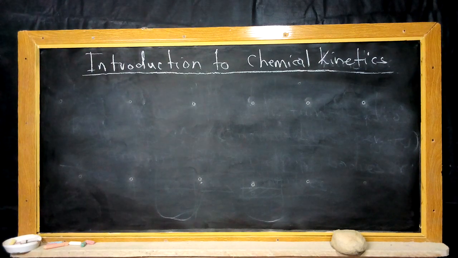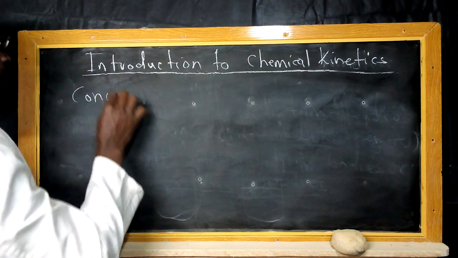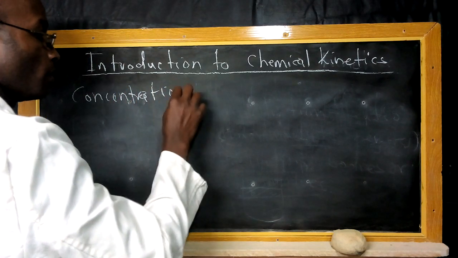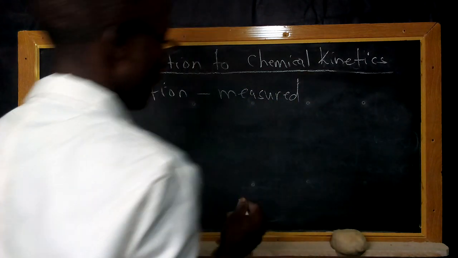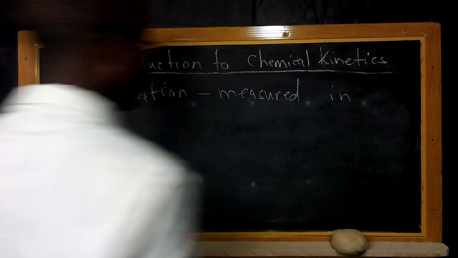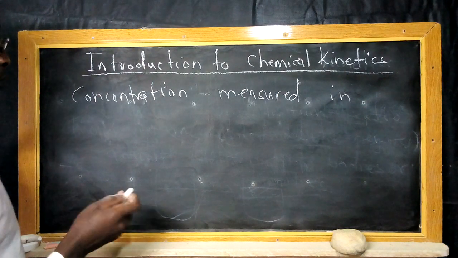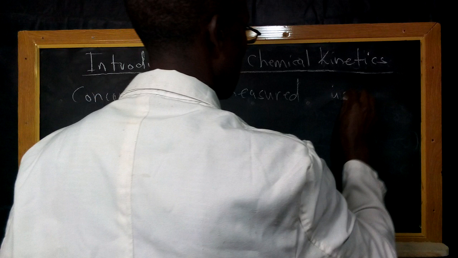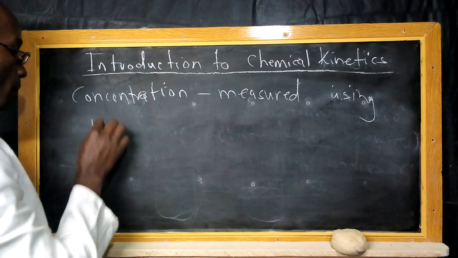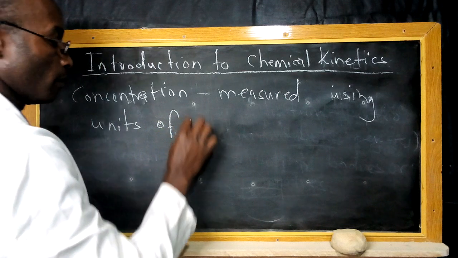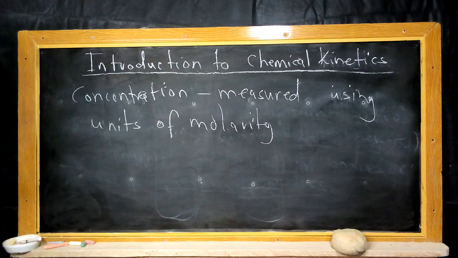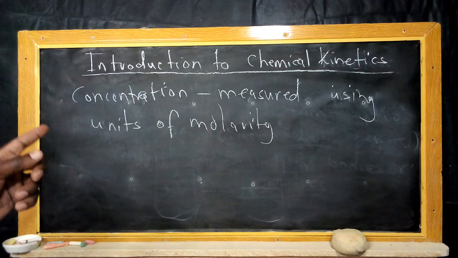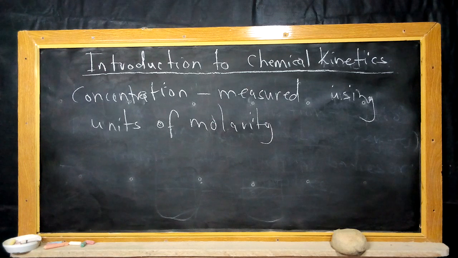So in that case, concentration of chemicals is measured using the units of molarity. So when we talk about molarity of a solution, we are referring to its concentration. And in this case, molarity relates the amount of a solute per liter of a solution.